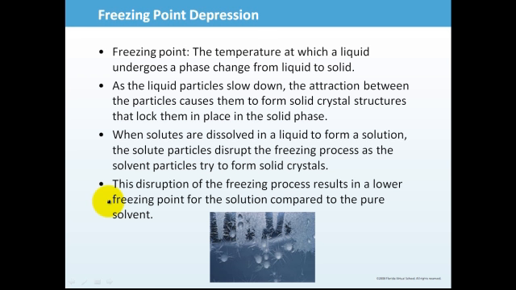So now instead of having water as our example freezing at 0, it's now going to freeze at maybe -4 or -5. Okay, it's going to be a lower temperature, again, depending on how much solute particles we add. All right, so those are our three: vapor pressure lowering, boiling point elevation, freezing point depression.